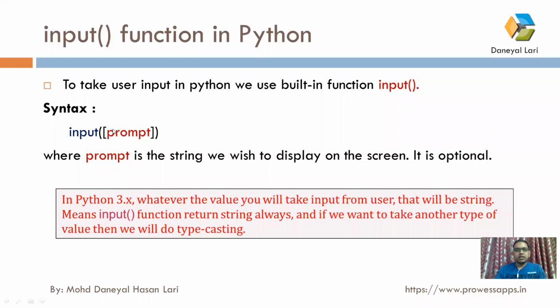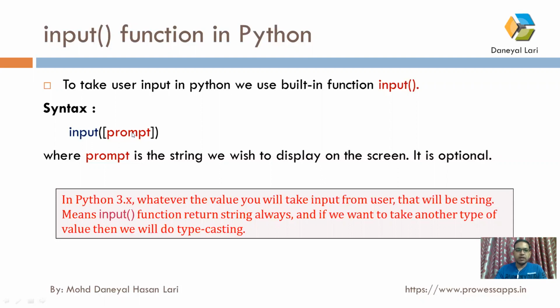As I have already told you, whenever you see the syntax or prototype of any function, if something is written inside a square bracket, that is optional. So you can prompt the user with a message according to your requirement.